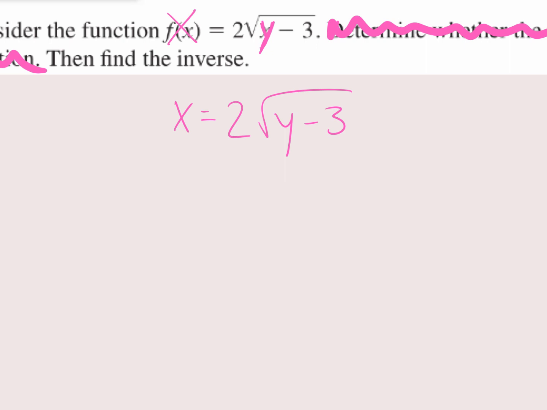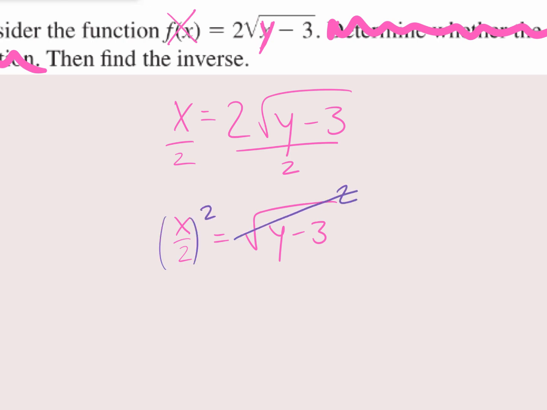I have to divide by 2 to get that radical all by itself before I square it. So we have to divide by 2 first. So x over 2 is equal to the square root of y minus 3. Now we square both sides. So square both sides. So it cancels out here.